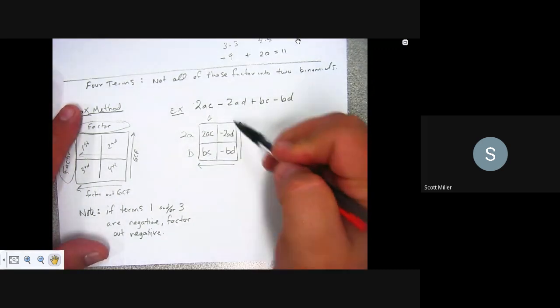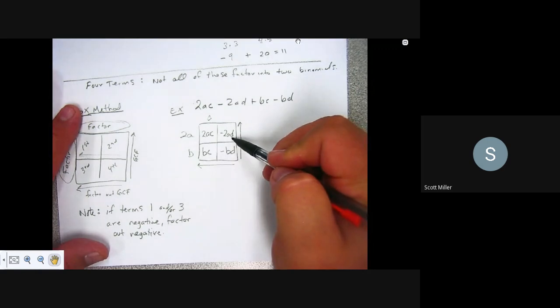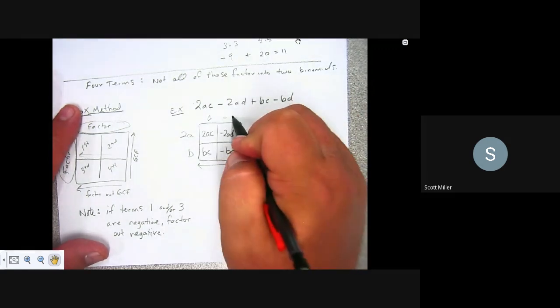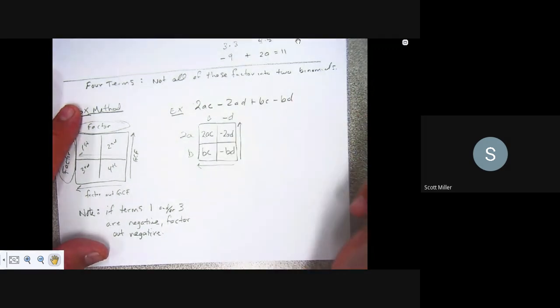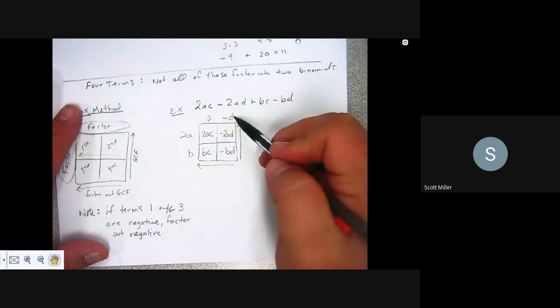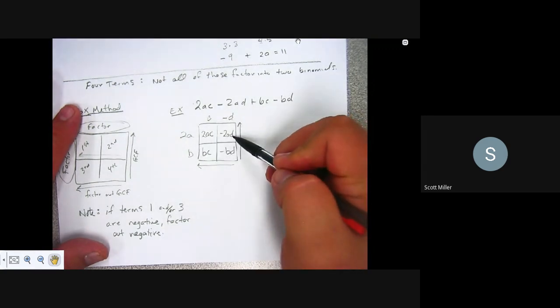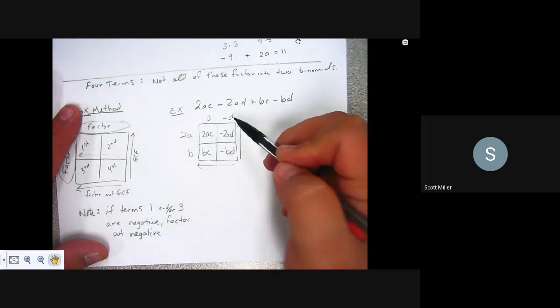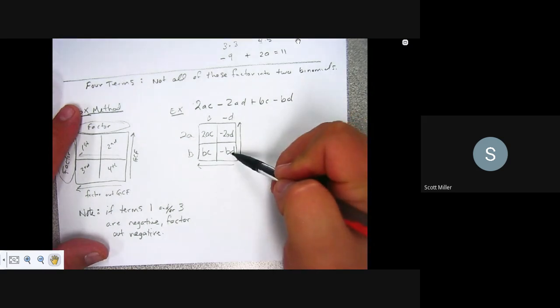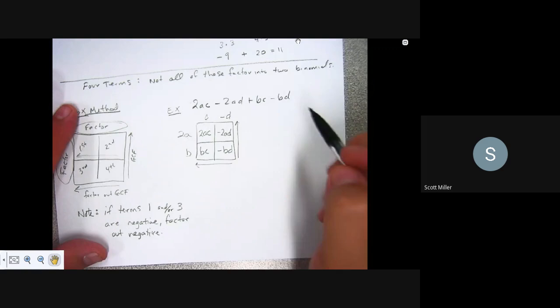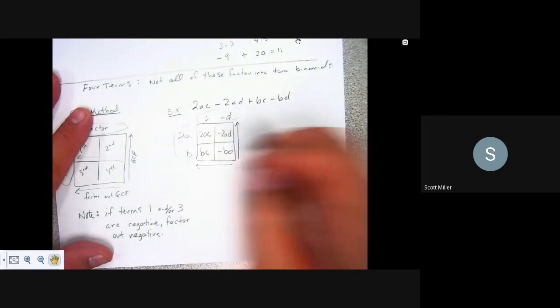2A times what is negative 2A times D? Negative D, correct? That times that should be that. That times that should be that. And it is. So I know I am correct. Then that and that are the two factors.